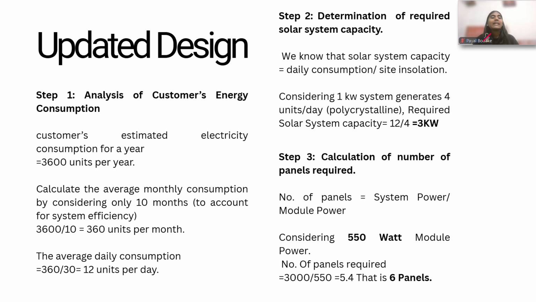Now, we'll calculate the solar system capacity by dividing by 4, as they want a polycrystalline panel, which is equal to 3 kilowatt. And then we calculate the number of panels by considering one panel of 550 watt. So the number of panels required is 6.